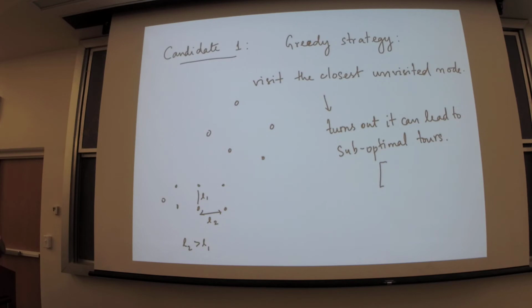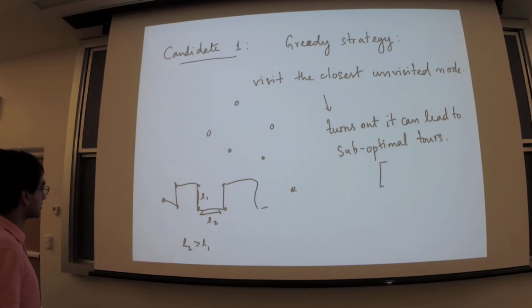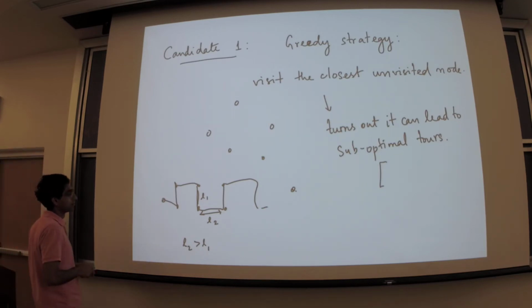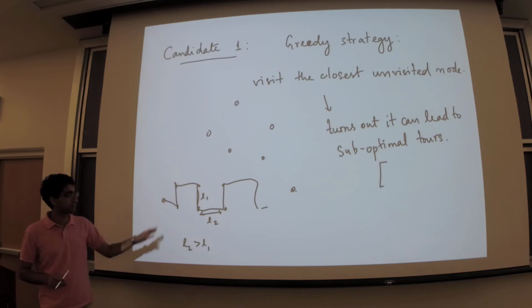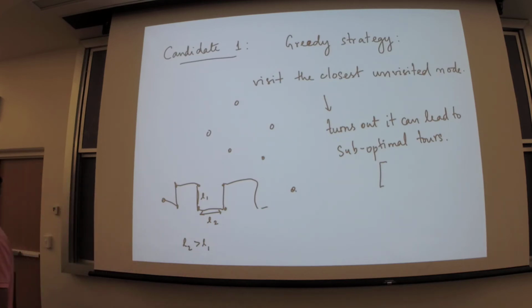Then you will end up doing some zigzagging like this, and then you'll end up at some point where now you're very far away. You may have been better off going like that. So that could be one example of a pattern. Although I'm not 100% sure if this works, it's hard to come up with counterexamples. I will probably include one in the lecture notes, but it will take me some playing around to come up with it.